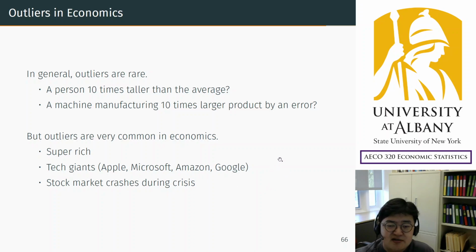These kinds of firms are not just average firms. So once you include them in your analysis, all the results may be driven by just one or two firms. Or stock market crashes. Usually the stock market moves between, say, 0 to 10%. But when it crashes, it literally crashes. So these are extreme outlier cases. You have to be more careful when you handle economic data because there can be outliers.